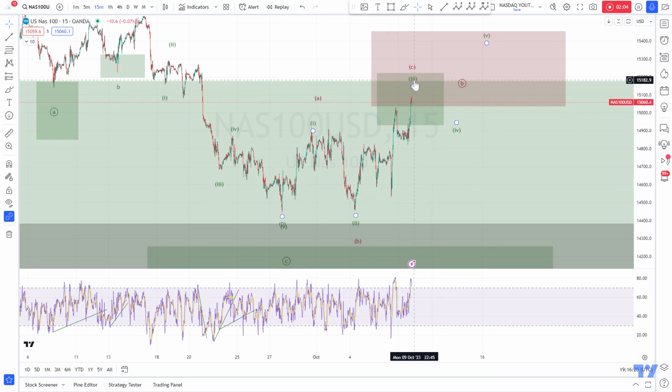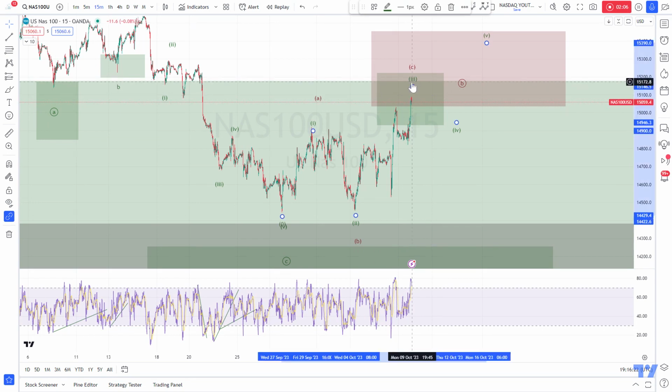But then what we still need is a wave 4 and a wave 5 to have our impulse.